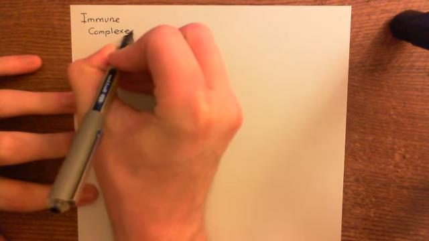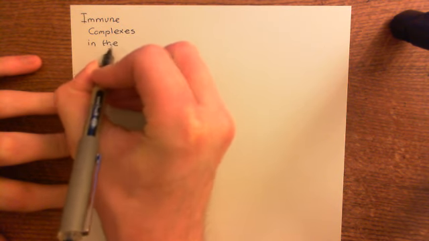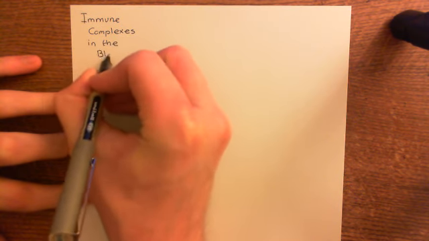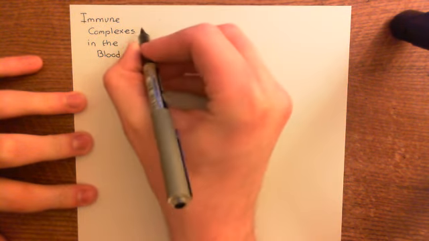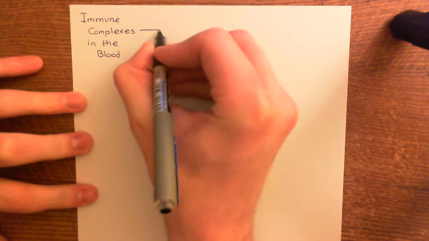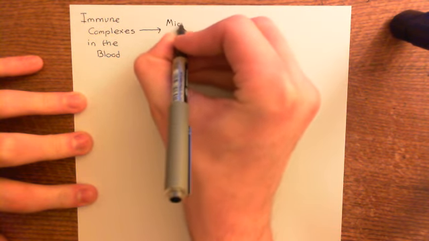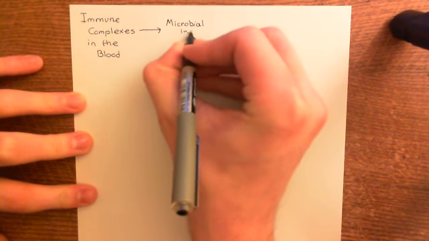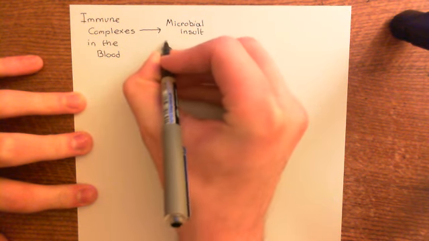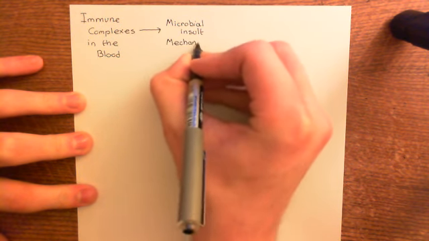The next portion of the transition phase is that you're going to get some sort of damage to your joint. So you're going to get damage to that synovial joint. Potentially it could be microbial insult, so maybe you get an infection within the joint. Or it could just be mechanical insult, so you could just mechanically knock it and damage it.